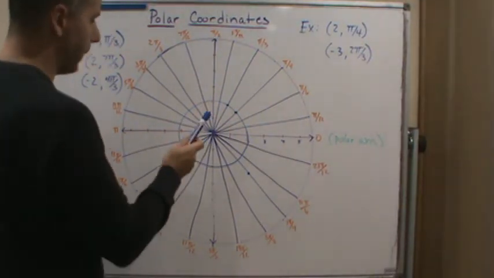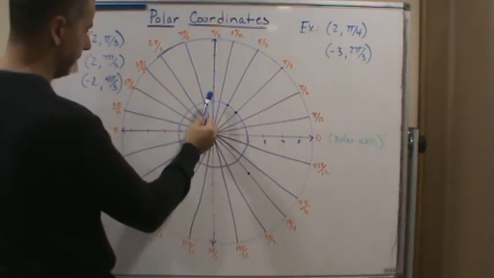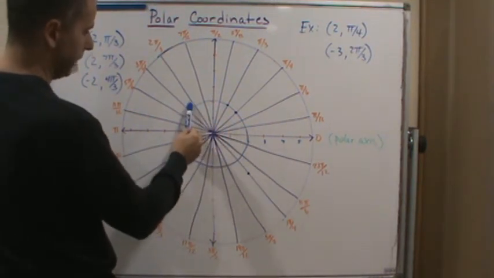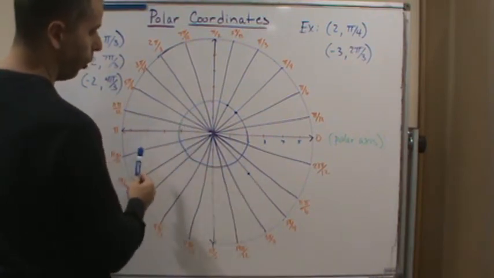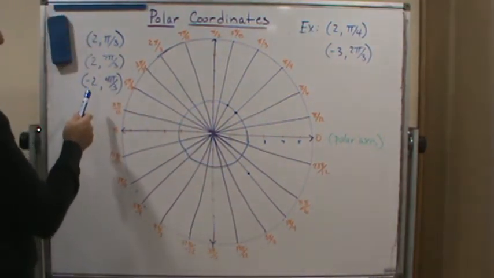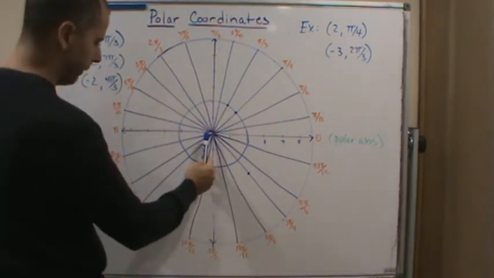Or we could do 2 pi over 3, which basically put us right here, okay? And then we flipped it over here. Or we can do 2 pi over 3, or we could do negative 3, right?